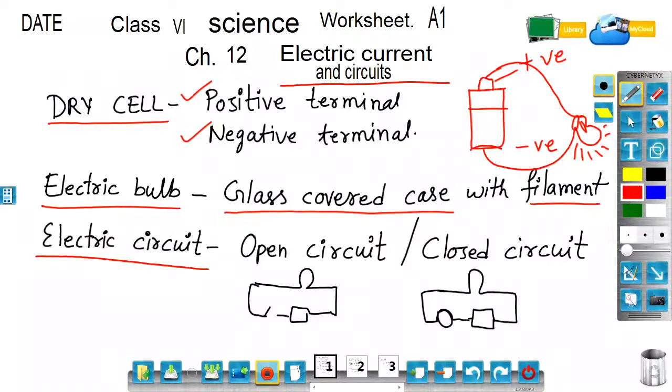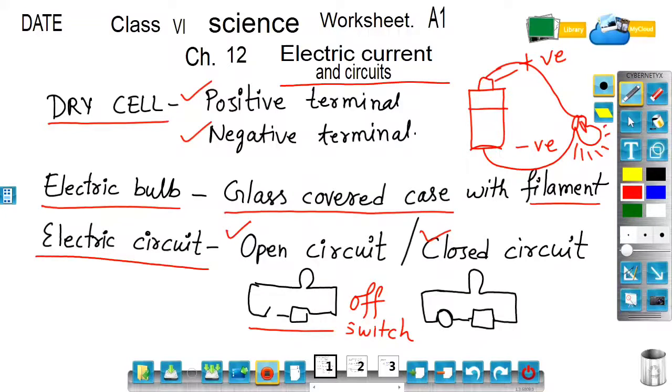Now the types of circuit. It is of two types, open circuit and closed circuit. In an open circuit, if the switch is off, the circuit is considered open, and the bulb will not glow or any appliance will not work.